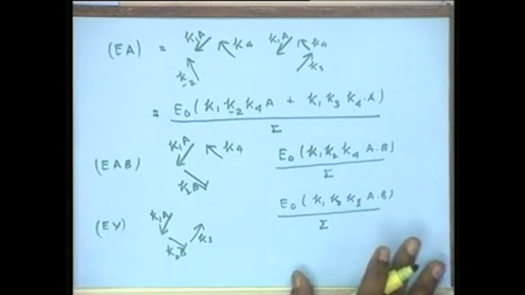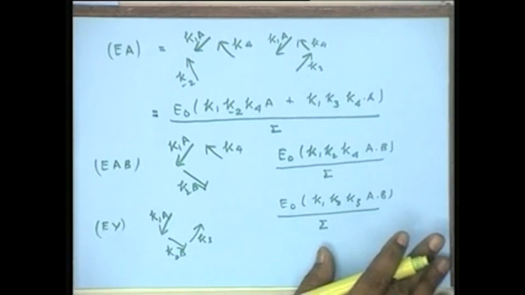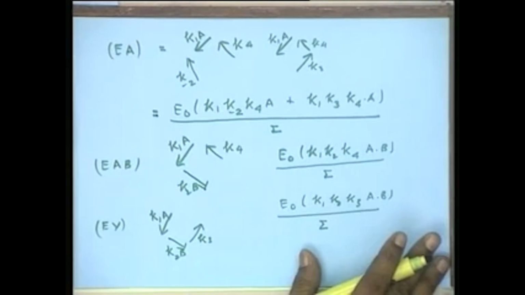So, you now have the relative concentrations, or the relative fractions, of each of the enzyme species that are present. If you recall, in the case of allosteric enzymes, the relative contributions can also be arrived at from a similar analysis.